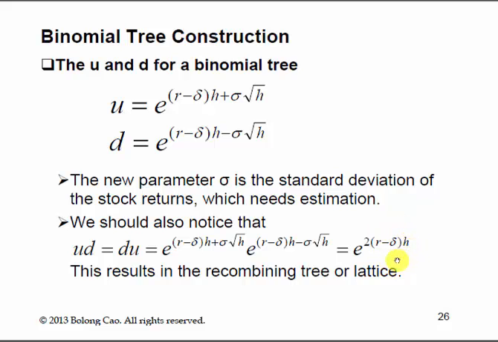It kind of goes back. Okay, so it's the recombining tree or lattice. The two volatility terms go away. It's just two-period compounding. Just go forward for 2 periods, compounding at the risk-free rate minus the dividend yield.